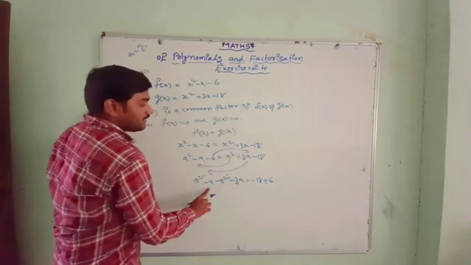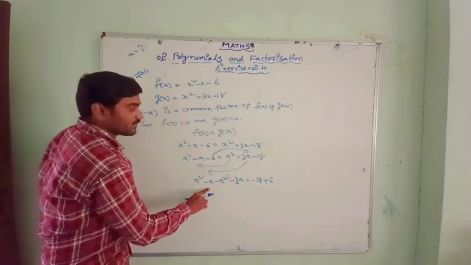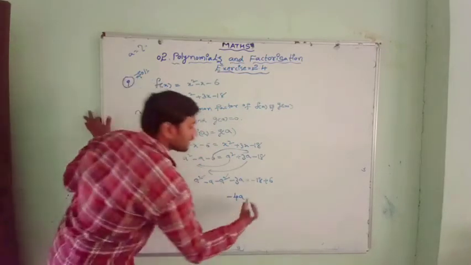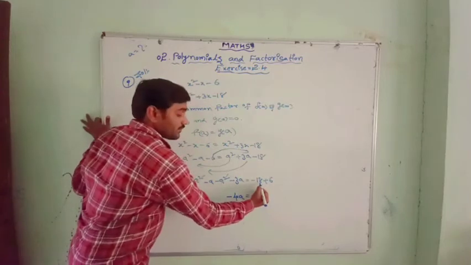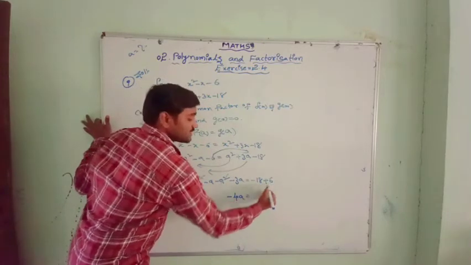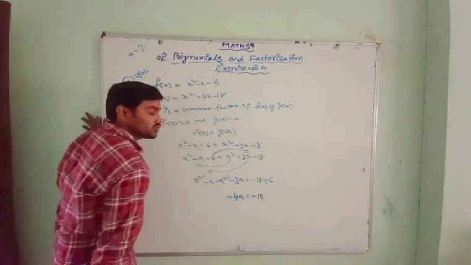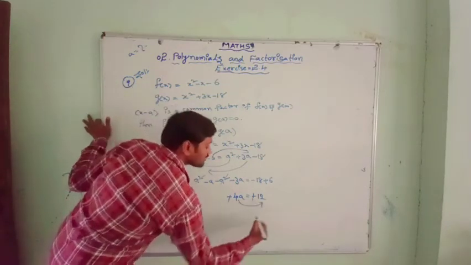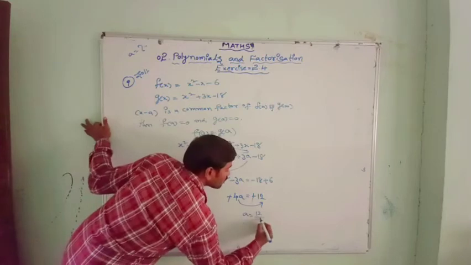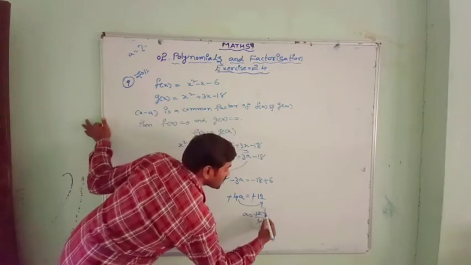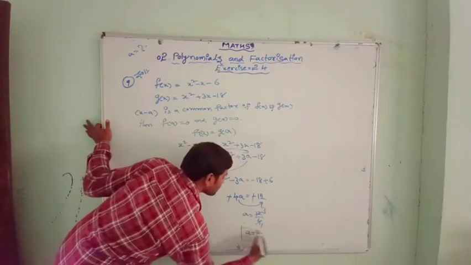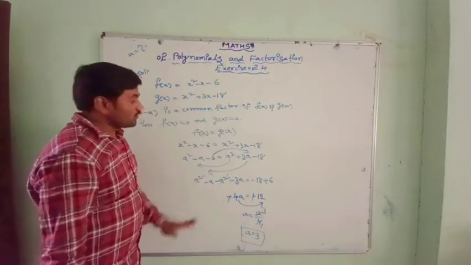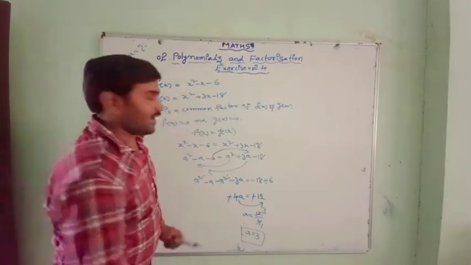Minus 3a and minus a is minus 4a, that equals minus 18 plus 6, that is minus 12. So minus minus gets cancelled on both sides. Here 4, if you transfer to this side, a equals 12 by 4, 4 threes are 12, so a equals 3. Got a equals 3 here. So that is the a value we needed to find.